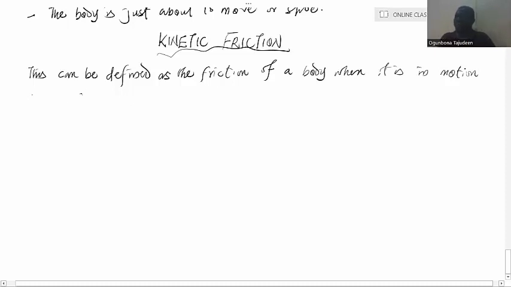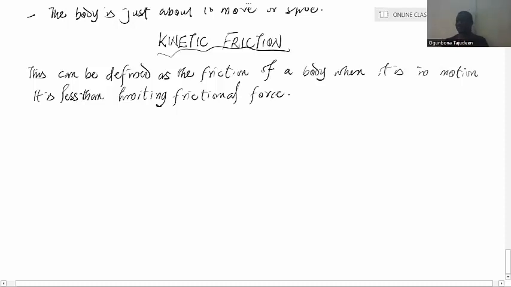This kinetic frictional force is always less than limiting frictional force. Why is that so?